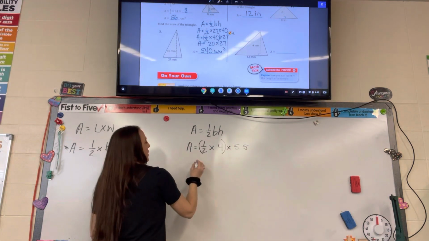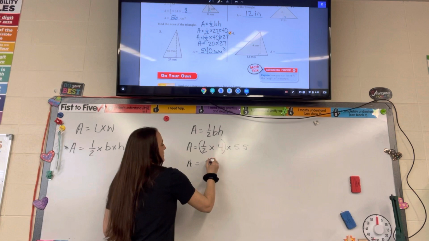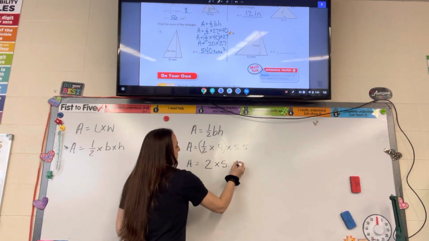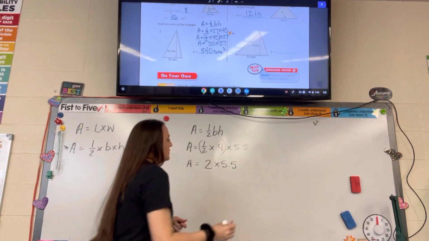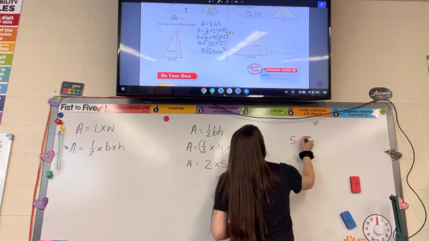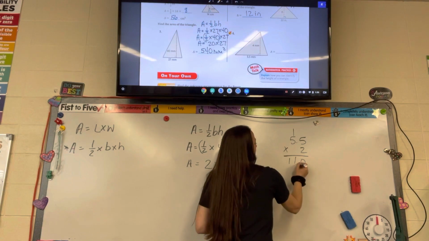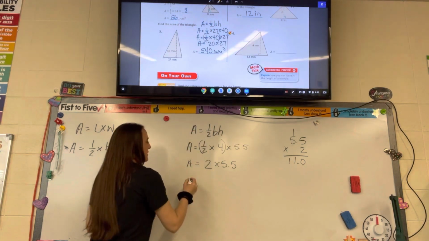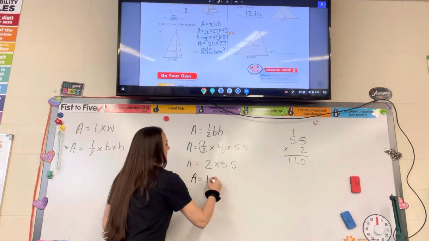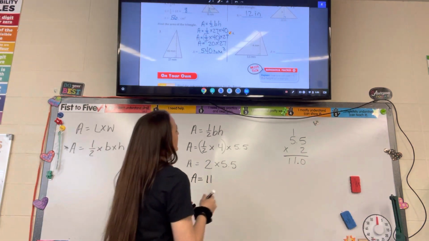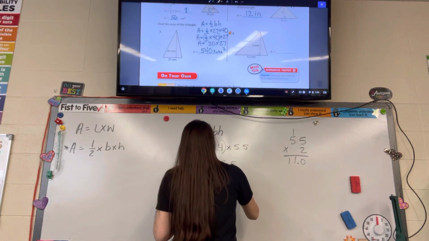What's half of 4? 2. 2 times 5.5. So if we come over here and do 5.5 times 2, gives you 11. So the area equals 11 millimeters squared.